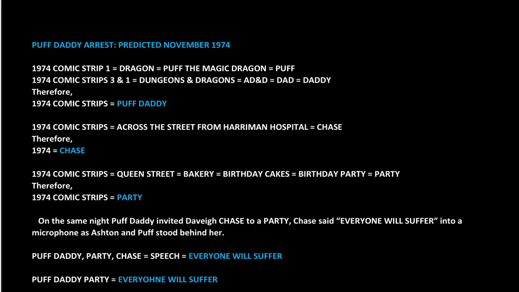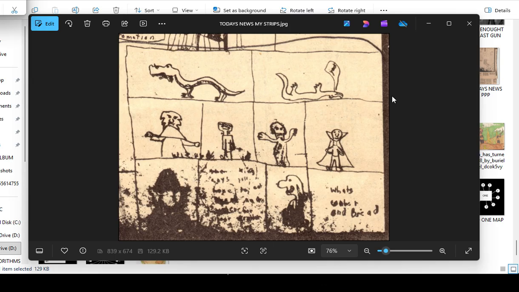So I'm going to talk about the images that were in the comic strips. All right, so here are the images. Couple of dragons. This can either represent dragons in that there's two, or it can represent dragon in that they're both the same dragon. In the middle strip, there's the Wolfman, Frankenstein's monster, the Gill Man from the Creature from the Black Lagoon, and Dracula, the vampire.